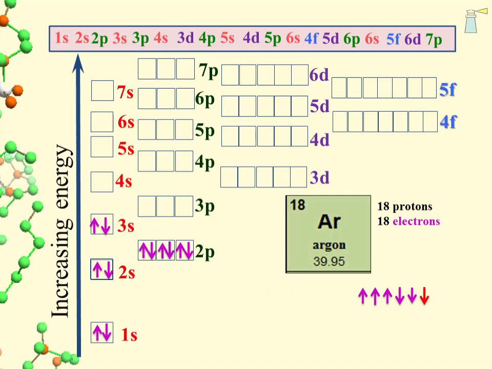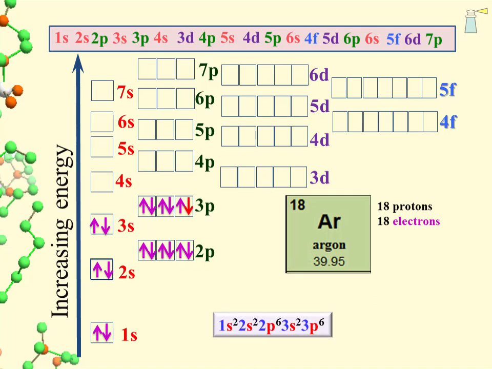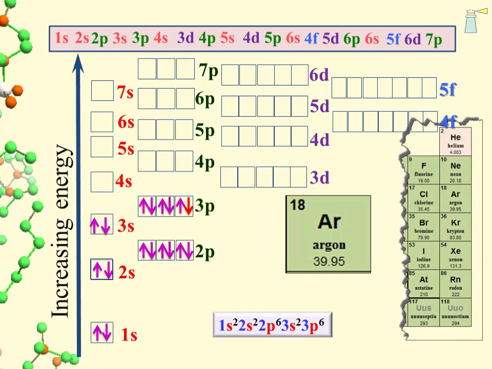Of the remaining 6 electrons, 1 goes into each of the 3p orbitals before pairing with the remaining opposite spin electrons. 1s2, 2s2, 2p6, 3s2, 3p6. Noting that argon is a noble gas, we can shorten 1s2, 2s2, 2p6, 3s2, 3p6 to bracket argon.